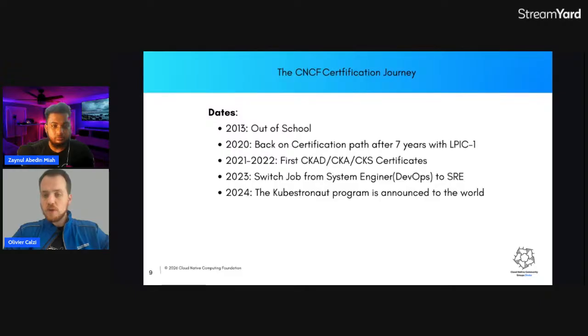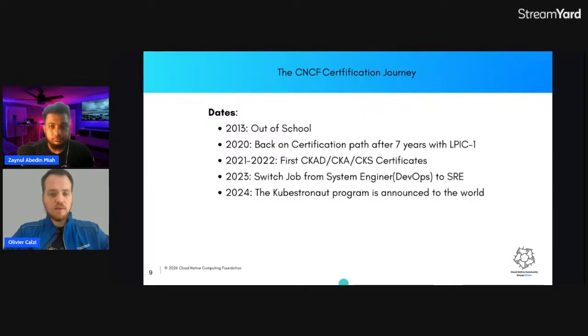And by looking at the synopsis, I was able to see that I was already good with those. But then in 2024, the CNCF during KubeCon India announced the Kubestronaut program, and I got trapped in it. And I said, okay, let's go.